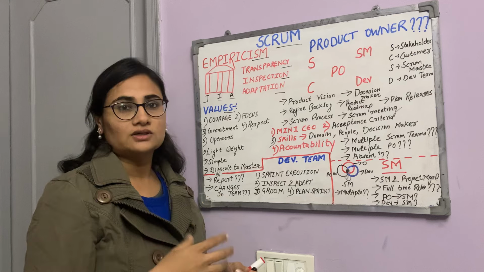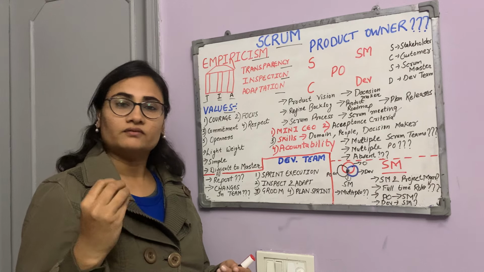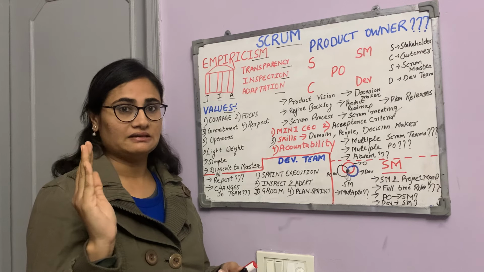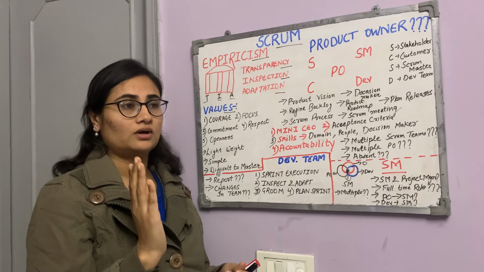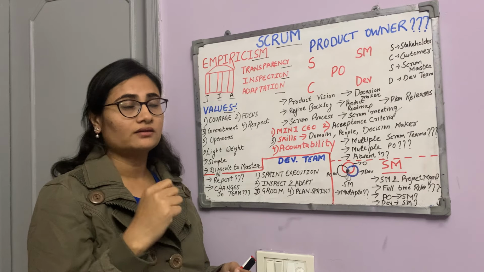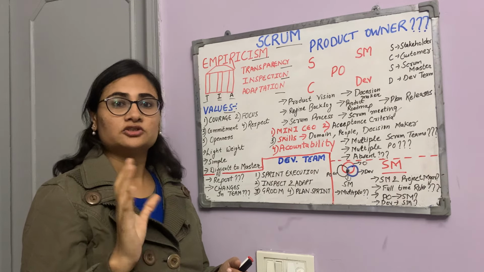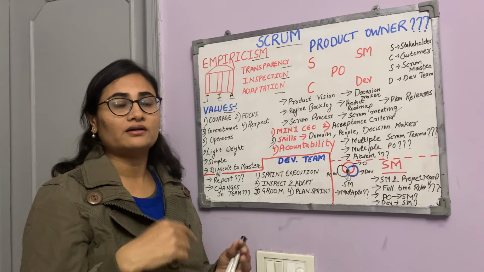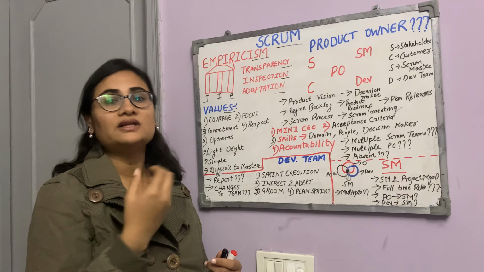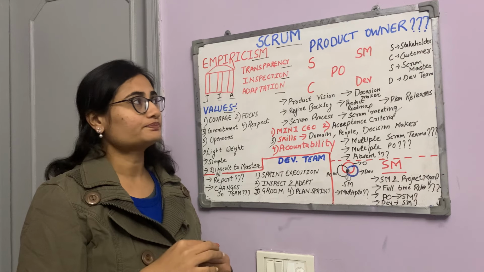So all your stakeholders, all your customers, and within the team also, with your development team, Scrum Master, and product owner, you should have transparency, where everyone should know what progress the Scrum team has made so far. The work progress visibility should be there, and we should never hide any small or big issue from the stakeholder or the customer. So this is what transparency says.